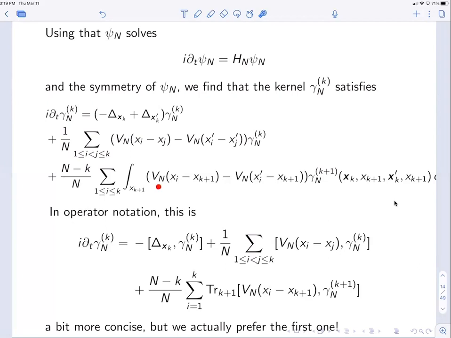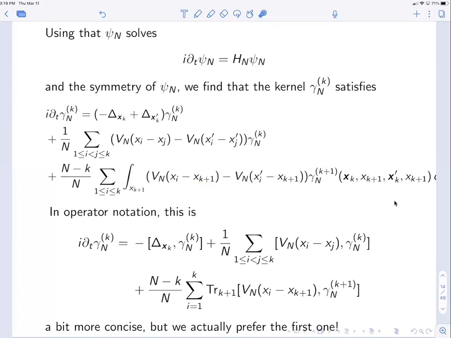And so we're left with V_N(x_i minus x_{k+1}) and x_i prime minus x_{k+1} prime. But the x_{k+1} coordinate is still being traced out.